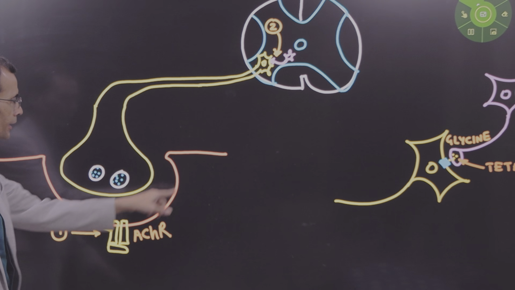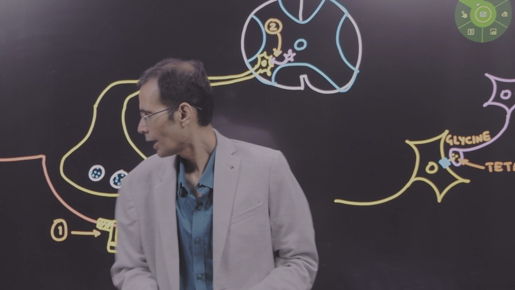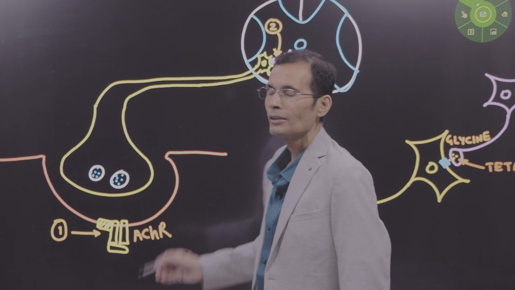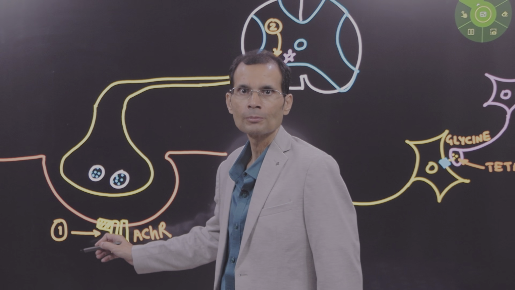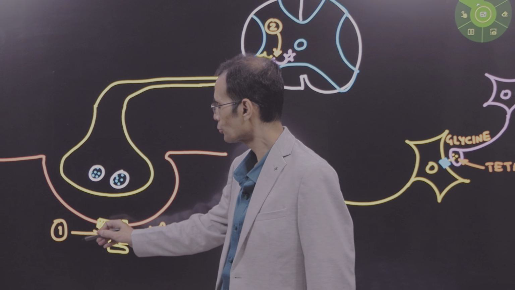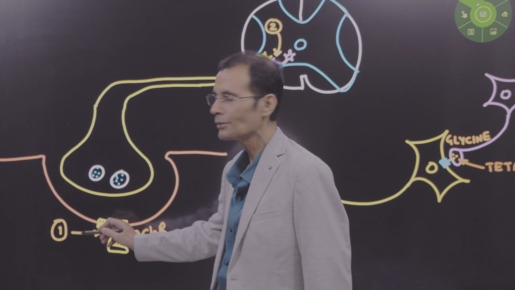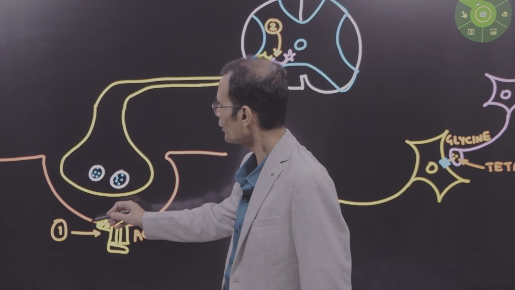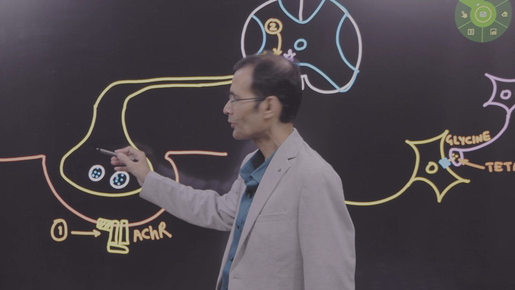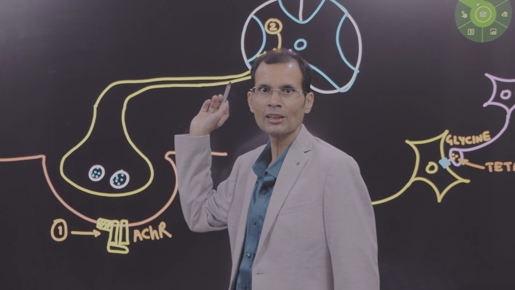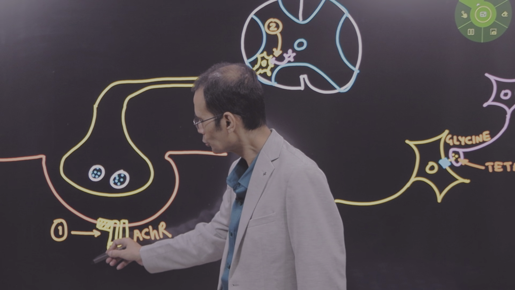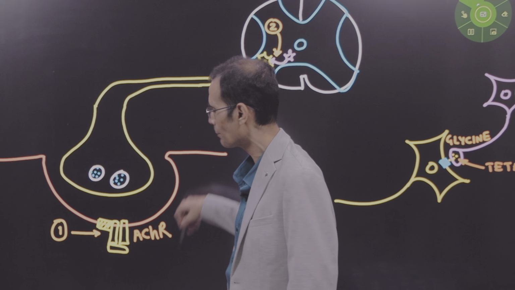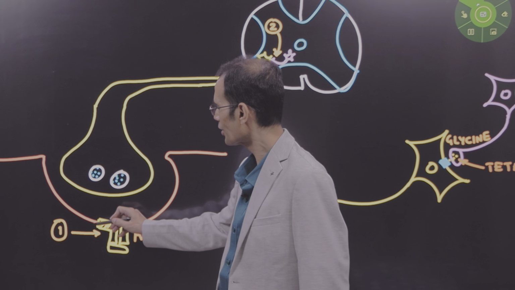So here is a muscle, as you can see. The tetanus toxin will enter through the wound, through the muscular wound. This is the motor neuron coming from the spinal cord. Suppose this is some muscle. So tetanus toxin has entered.